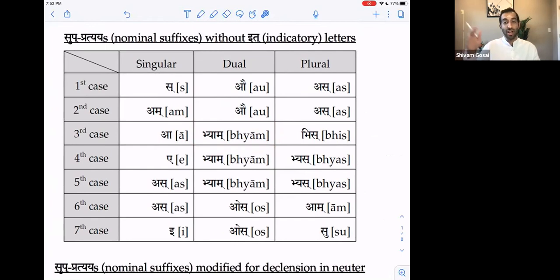Sugan bhyam, not sugana bhyam. Sugan bhyam. You just add it, right? Sugan plus bis. Again, we see a sakar at the end. So sugan bihi. Sakara becomes visarga when it's right preceded by a vowel.